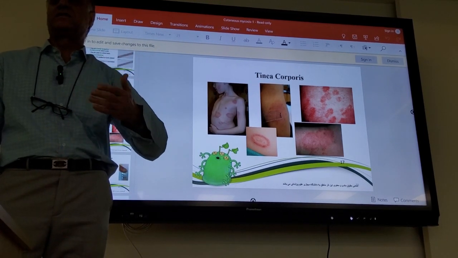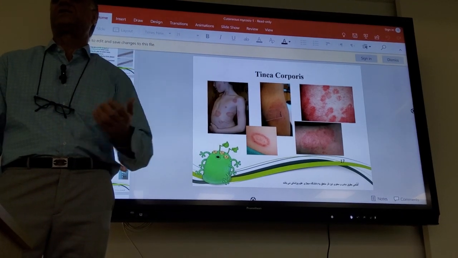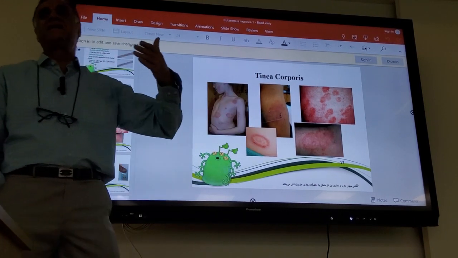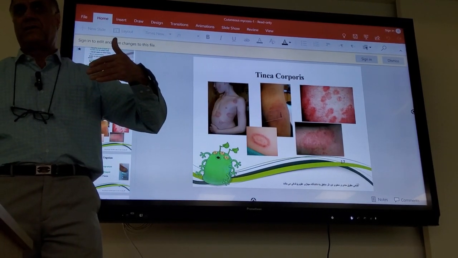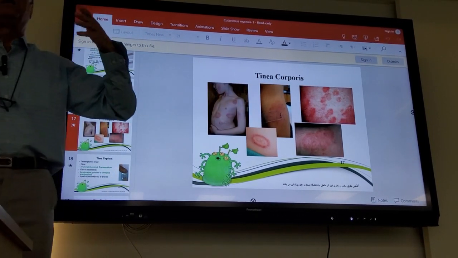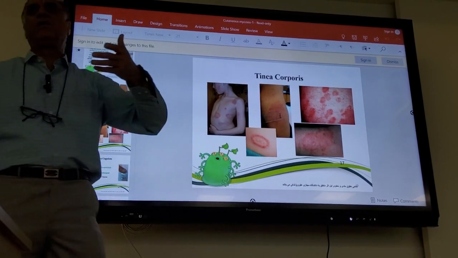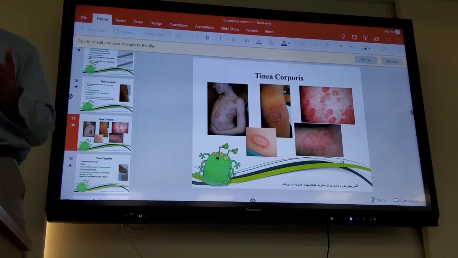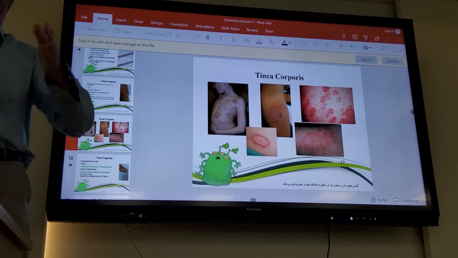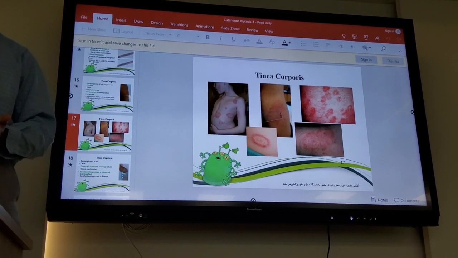Tinea cruris shows a high frequency and high number of patients. But in comparison, tinea corporis is low compared to tinea cruris or tinea pedis. It usually involves all people, men and women, children and adults.